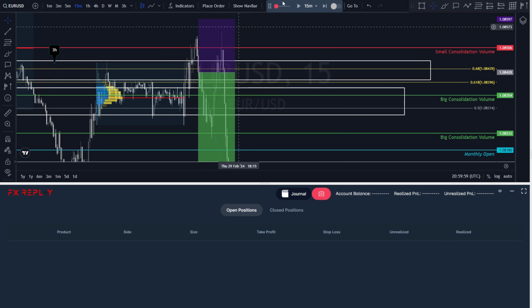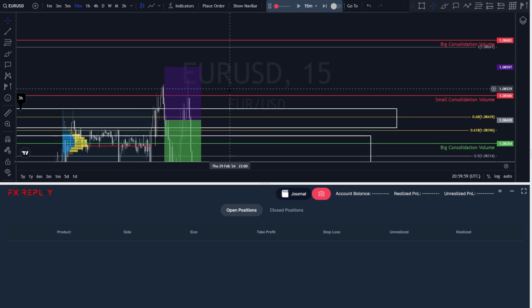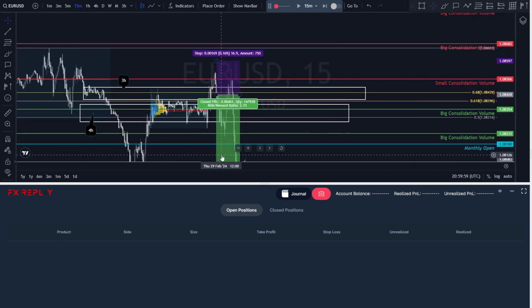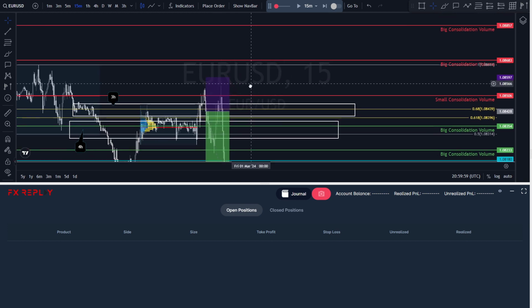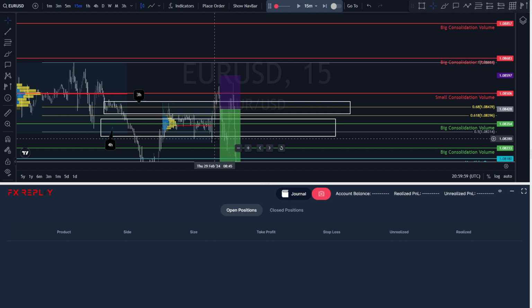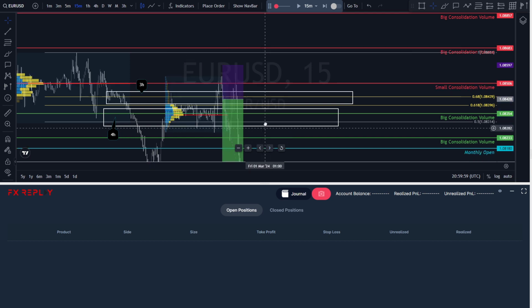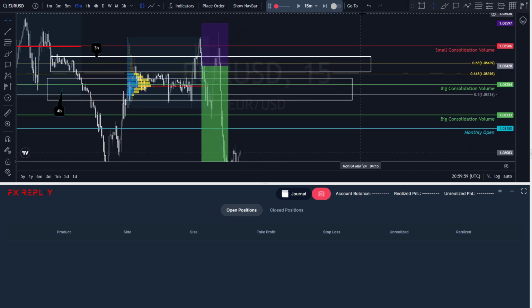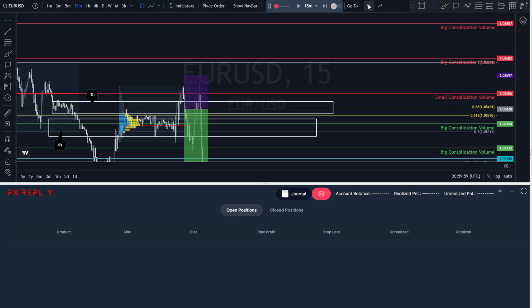I mean, it did right here, but it doesn't completely shoot up, and the original distribution phase was actually the manipulation. At least I've not seen that yet.